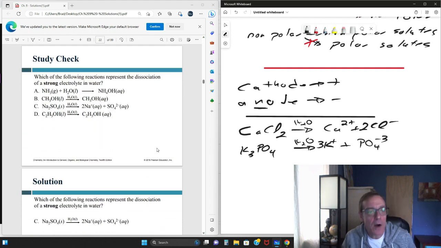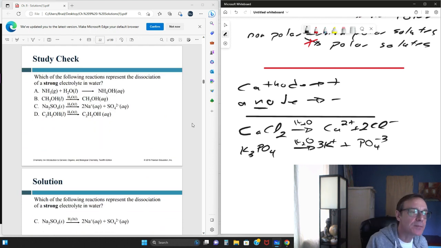And just to check our understanding of this concept, which of the following is a strong electrolyte in water? Okay, so a combination of nitrogen and water, those are actually going to come together. We don't have any ions in solution.